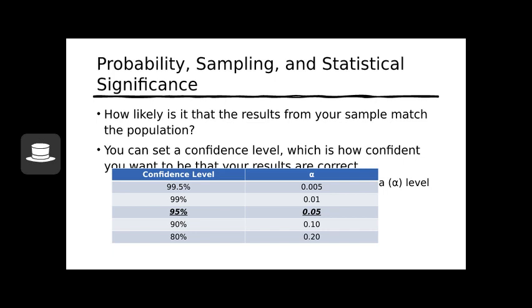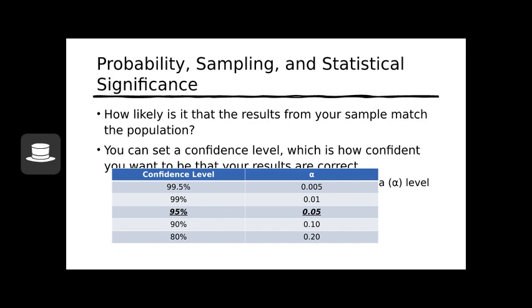So now we're going to talk about probability sampling and statistical significance. And I promise you that I'll tell you the things that are covered up, but it's basically what's on the chart anyway. So one thing that we are concerned with is how likely is it that the results from your sample match the population, right? We want to be confident that the results that we got in our sample reflect the population.